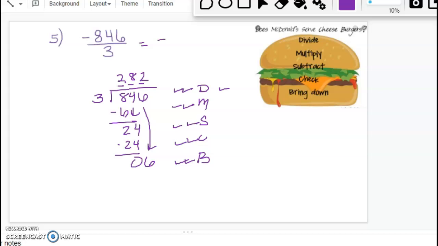Check here. 2 times 3 is 6. I'm going to subtract. I get 0. And there's nothing to bring down. So my answer is 282. And I already decided that my answer was negative because the signs are different. Okay, so negative 282.